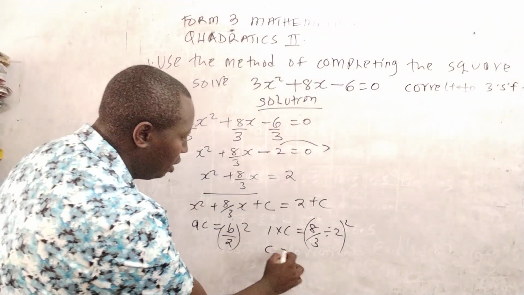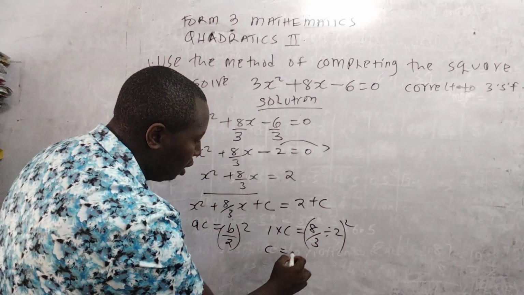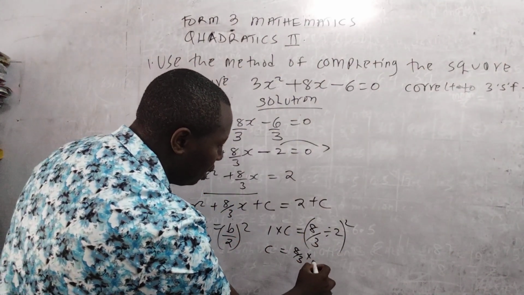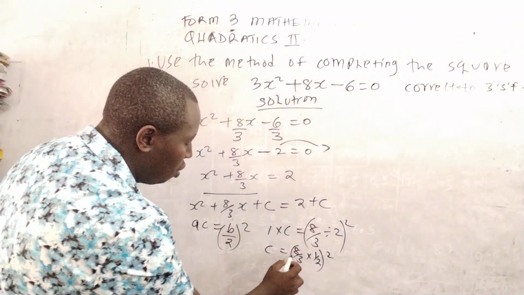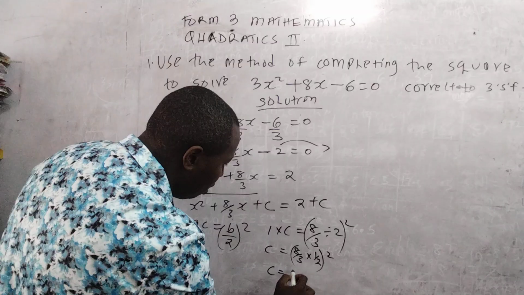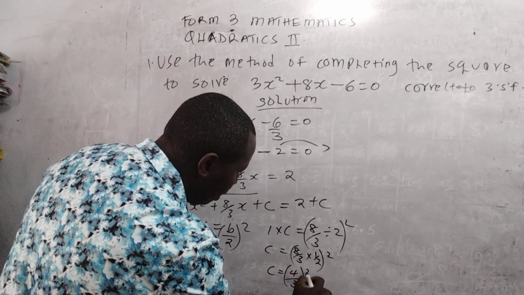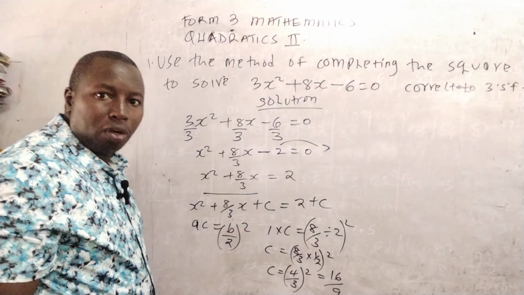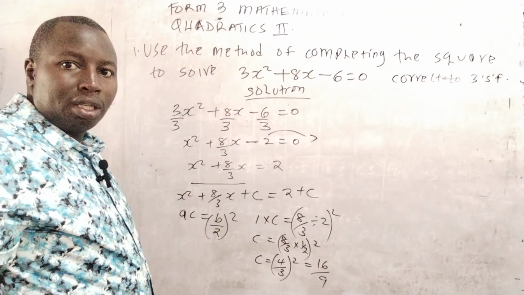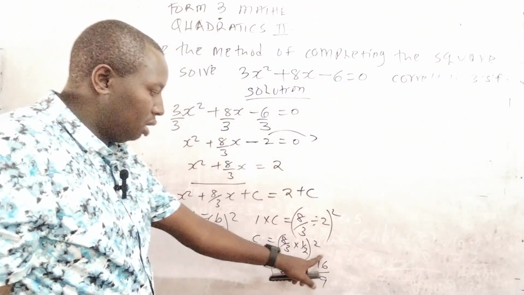This becomes c equals 8 over 3 times a half, squared. That comes to 4 over 3 squared, which comes to 16 over 9. So the value of c is 16 over 9.